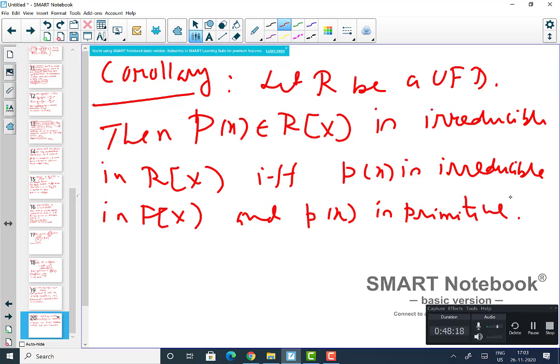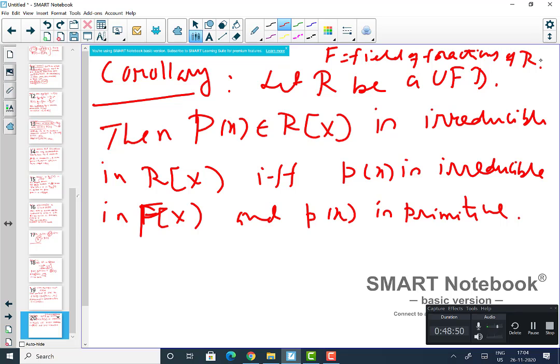Okay, p(x) is a primitive polynomial. Yeah, so this is a direct corollary, and one part is obvious because we just proved that. So what is F? F is the field of fractions of R. Okay, so one part is obvious.